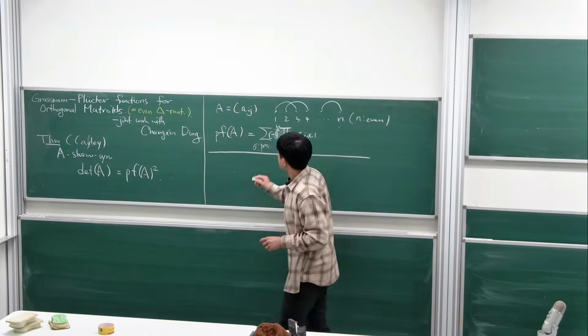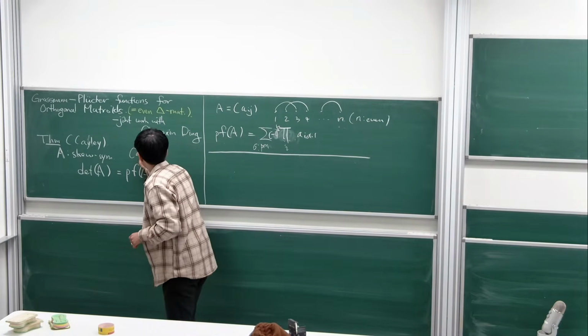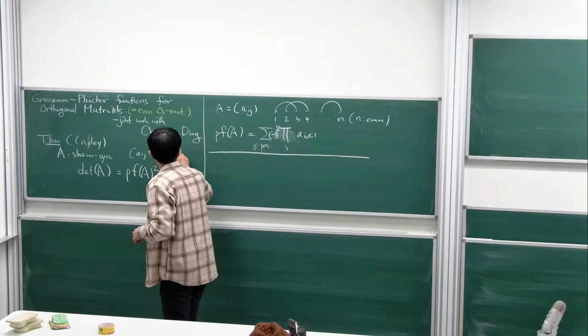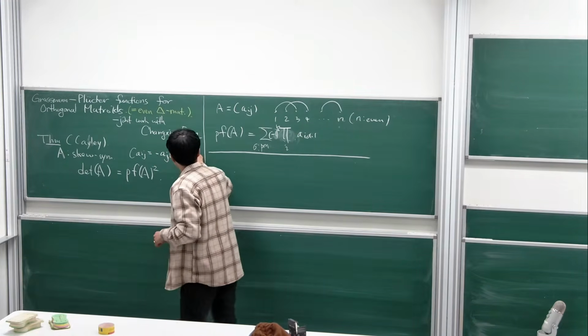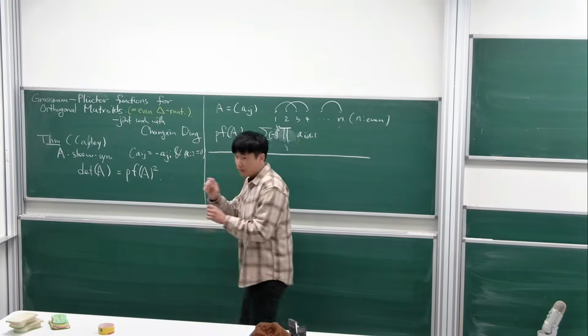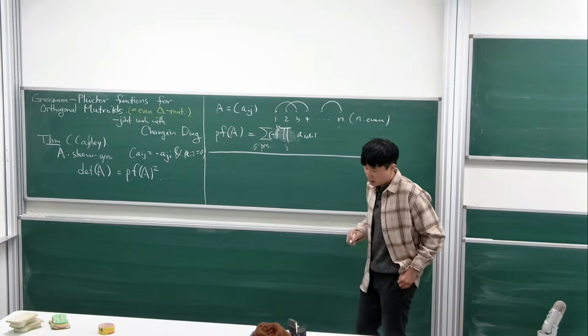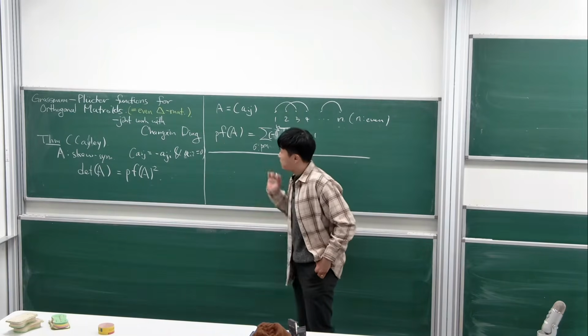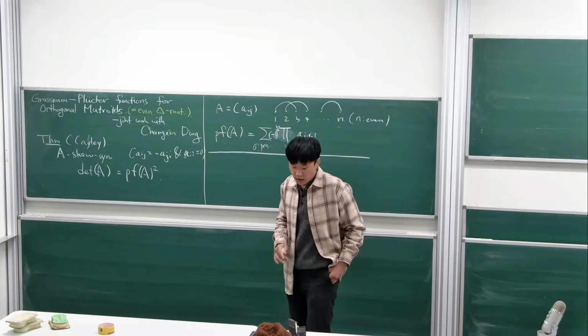So what it means is A_ij is equal to negative A_ji, and A_ii is 0. Pfaffian is not well defined when our matrix is not skew-symmetric.